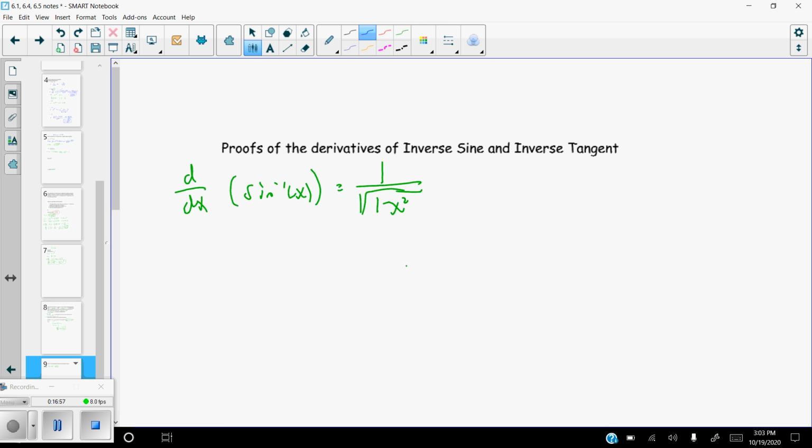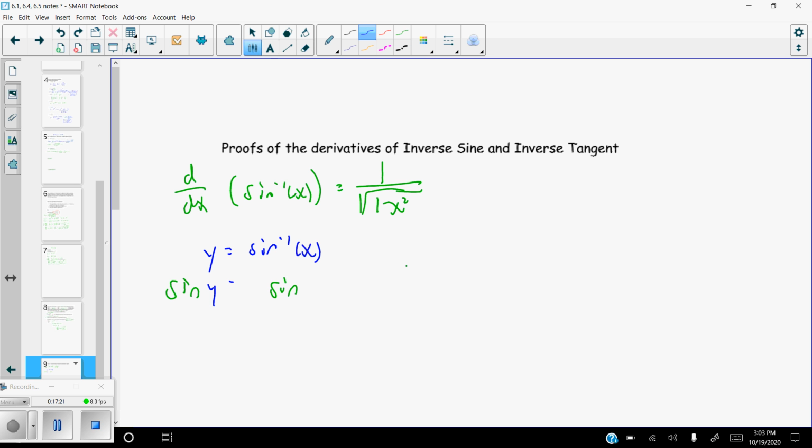Okay, so we're going to start off with the fact that y is the inverse sine of x. If I want to undo the inverse, I can take the sine of both sides.